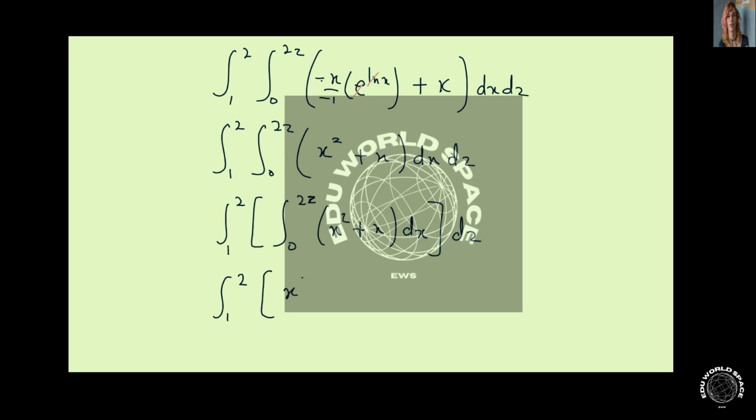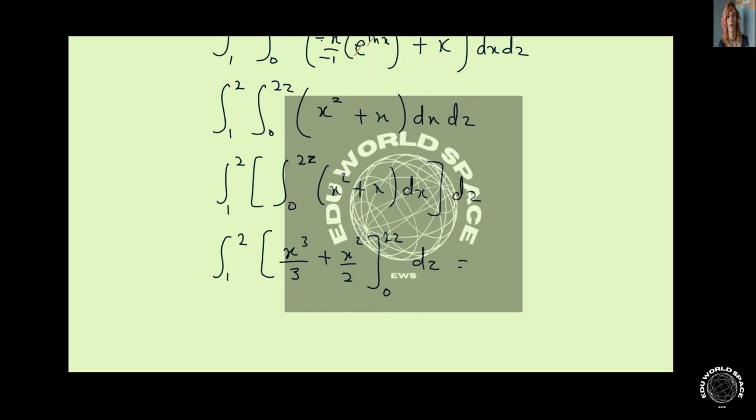We have x to the power 3 over 3 plus x squared over 2, evaluating it from 0 to 2z, and this is dz. So this becomes the integral from 1 to 2. If we put in 0, all goes to 0, but if we put in 2z, that is when we have a real value. So let's put in the 2z first before the 0.